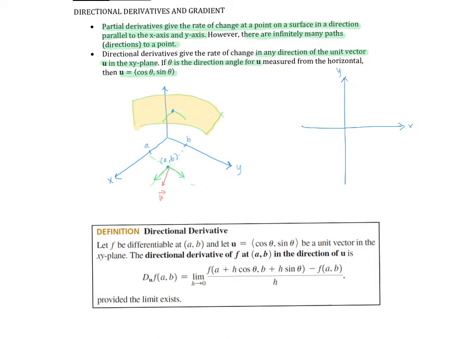So we have some point, we have some vector, I'll write this in red, some vector u at this point (a, b). Well, if I were to move u to the origin, then theta would be the angle formed between that vector u and the x-axis, which is called the horizontal.